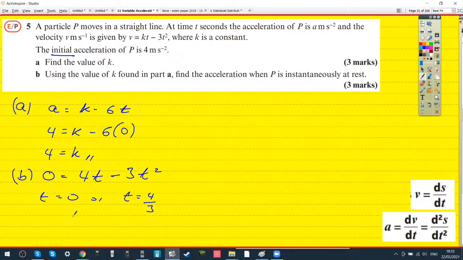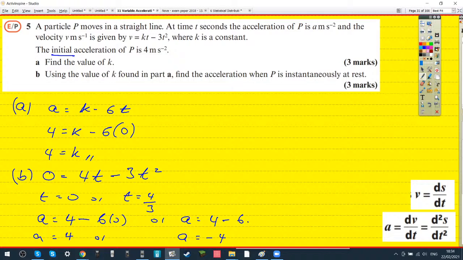Sorry, 4 minus 6t. And so that gives me a is minus 4. Minus 4.